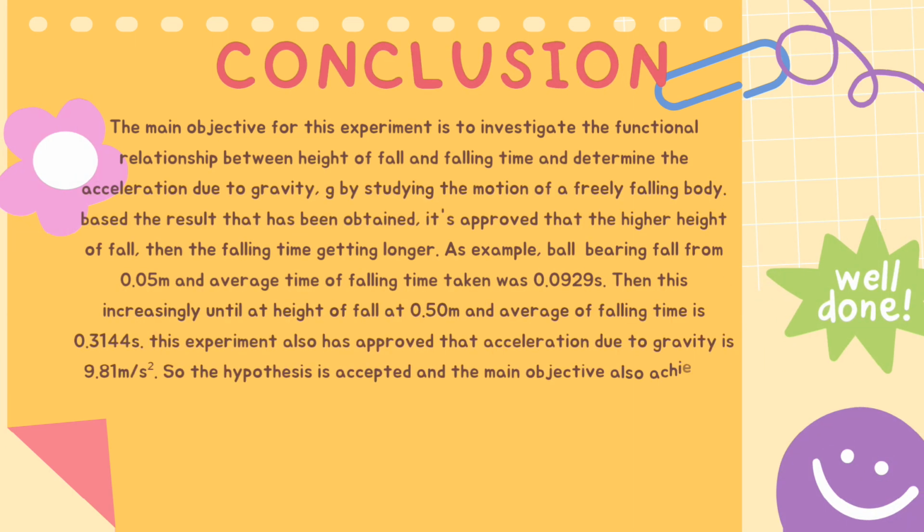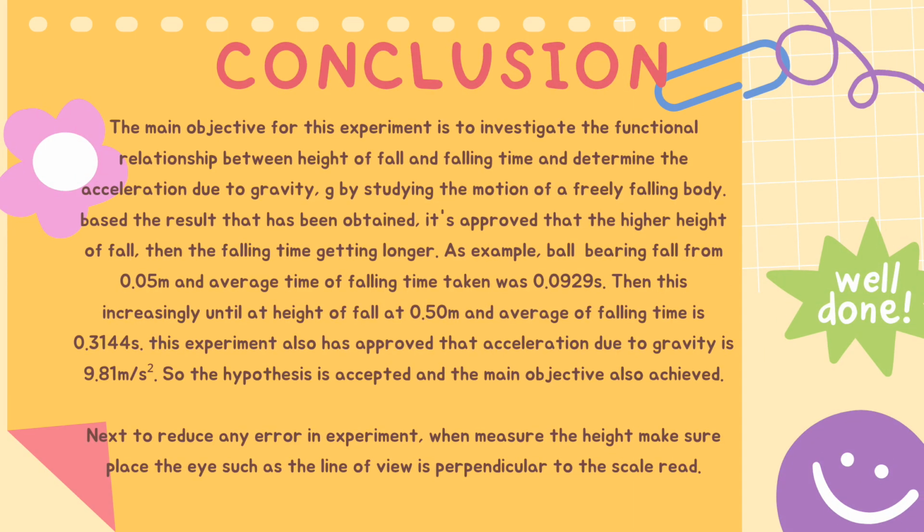Conclusion. The main objective of this experiment is to investigate the functional relationship between height of fall and falling time, and determine the acceleration due to gravity, g, by studying the motion of a freely falling body. Based on the results obtained, it is proof that the higher the height of fall, the longer the falling time. For example, the ball bearing fell from 0.05 meter and the average falling time taken was 0.0929 seconds.